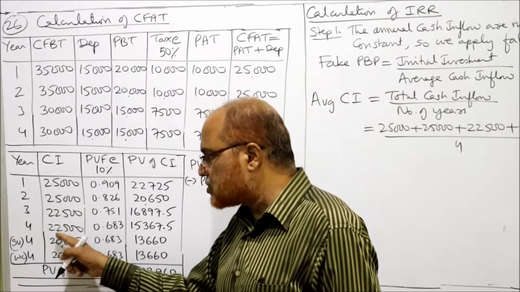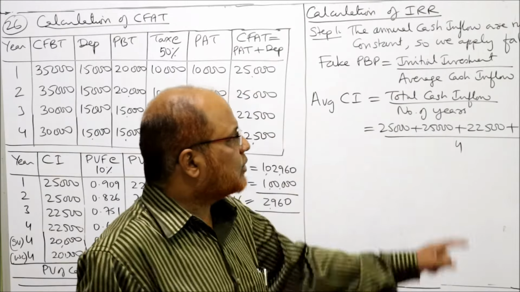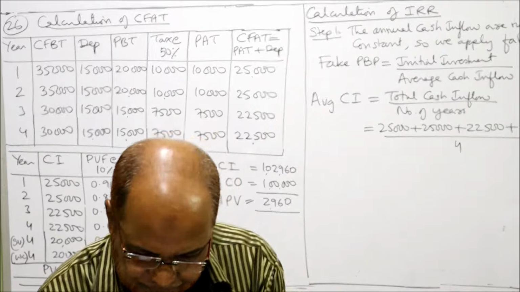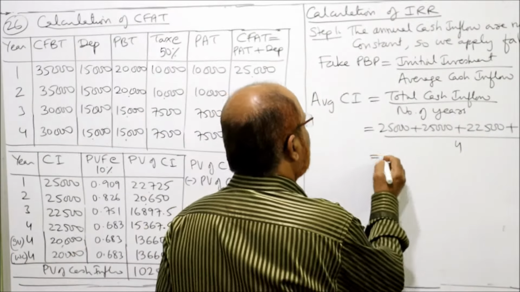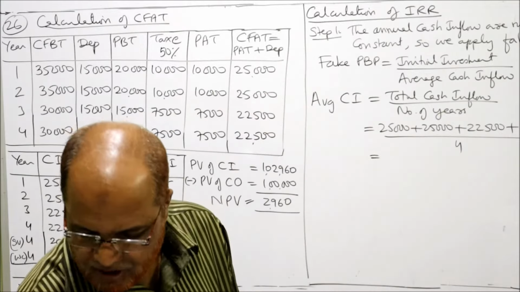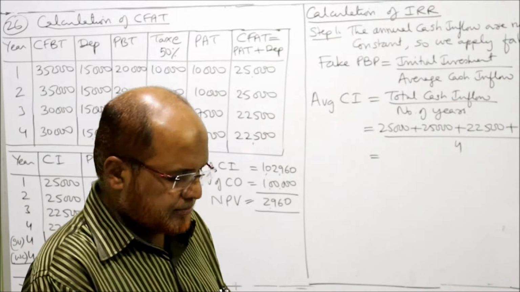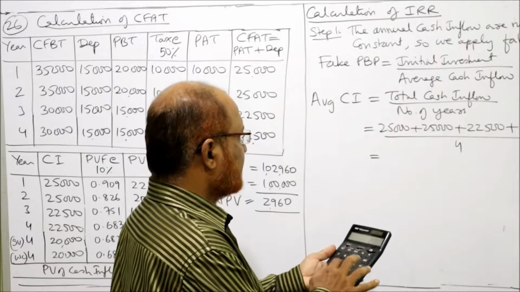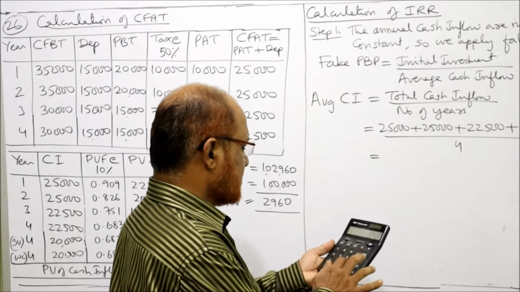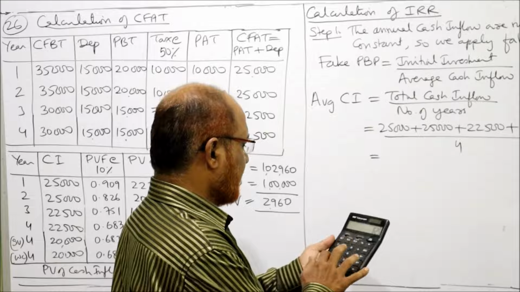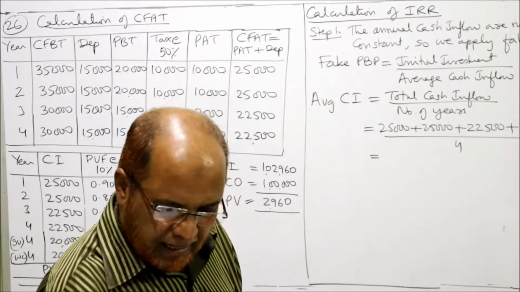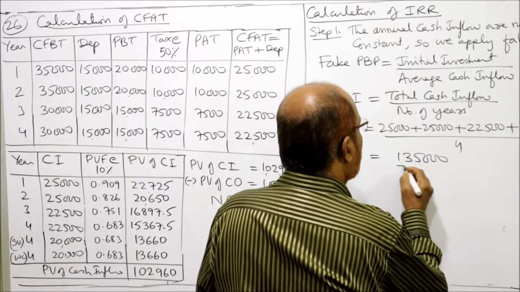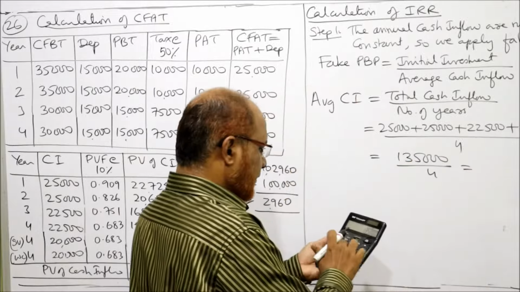So add up the three amounts, 62,500. Add up the four values here, divided by 4. This will give you the fake PBP. Average cash inflow: 25,000 plus 25,000 plus 22,500 plus 62,500 is equal to 1,35,000, divided by 4.